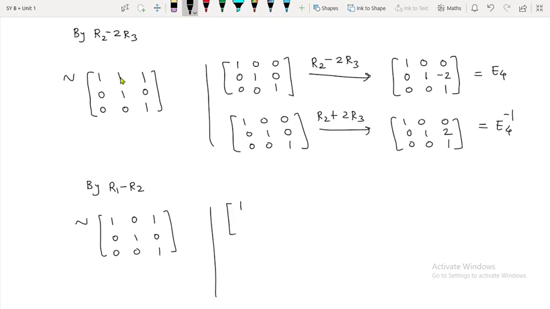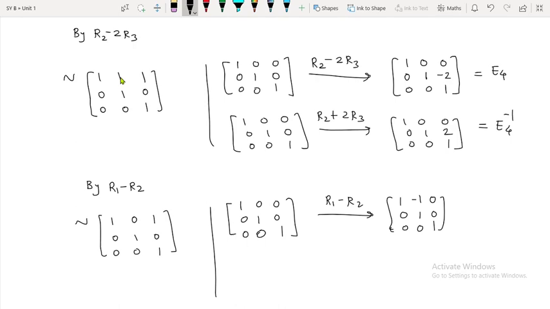So over here 1 0 0, 0 1 0, 0 0 1, and the operation is R1 minus R2. So first row will change, the other two rows will be as it is, 0 1 0, 0 0 1, and 1 minus 0 is 1, 0 minus 1 is minus 1, and this will be 0. Now this is E5.